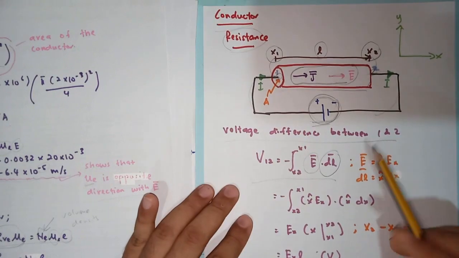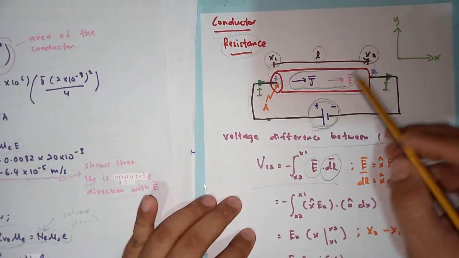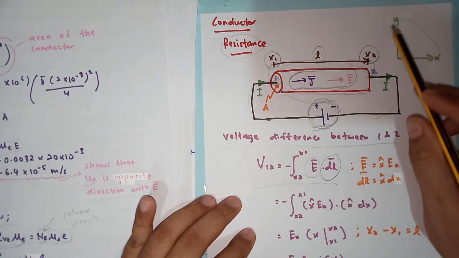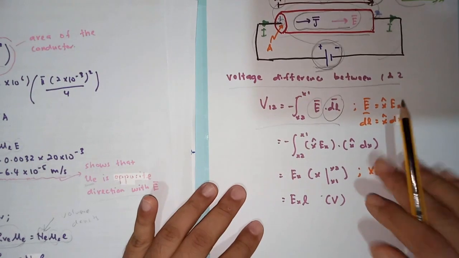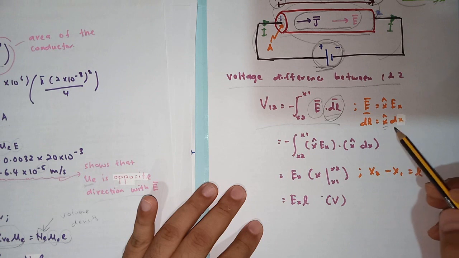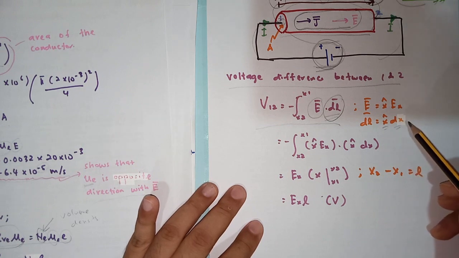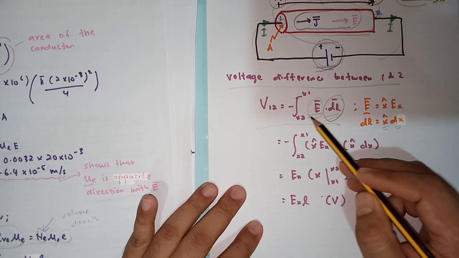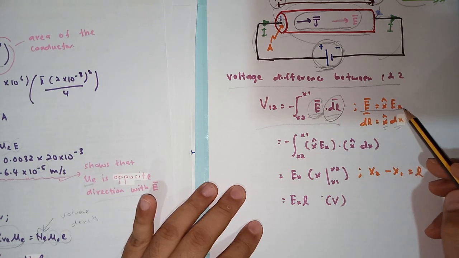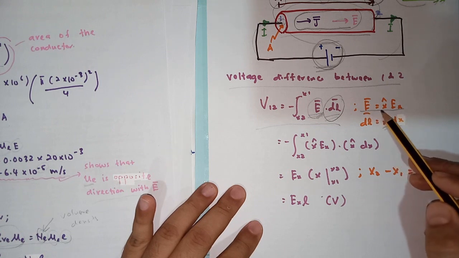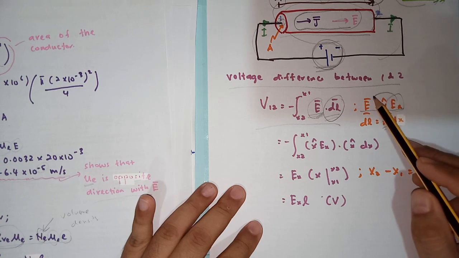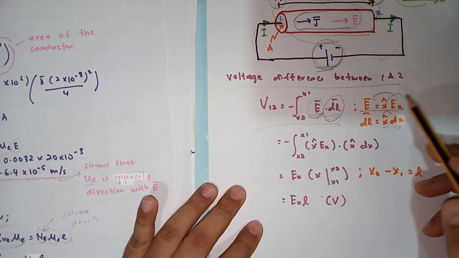In this particular case, because we are considering that this conductor lies along the x axis, we can assume that the vector dl is represented by x cap dx, and the vector E is represented by x cap times Ex, where Ex is the amplitude of this vector's x component.